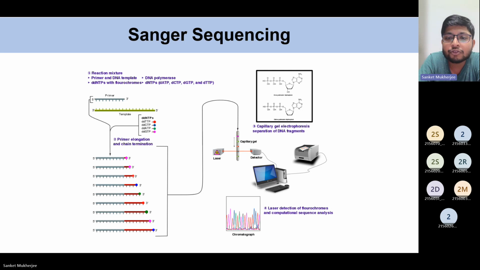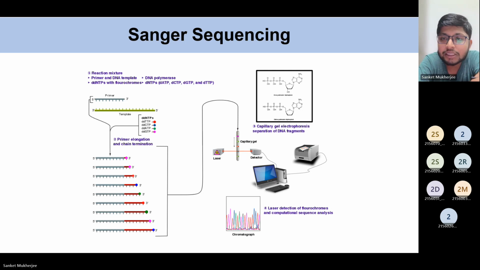Instead, I have an H group. Such kinds of nucleotides will be called dideoxynucleotide triphosphate, ddNTP.